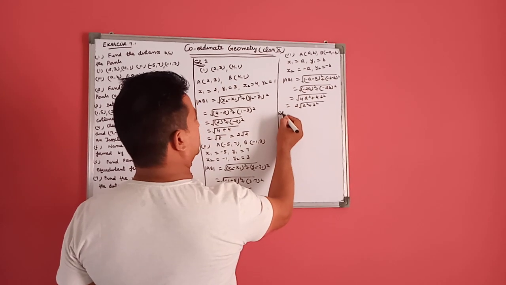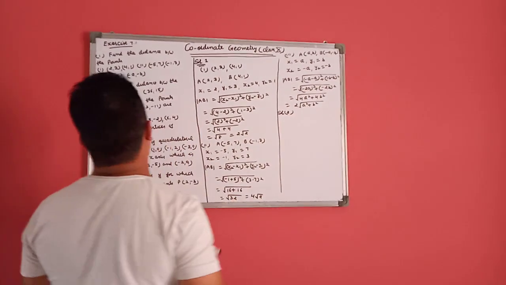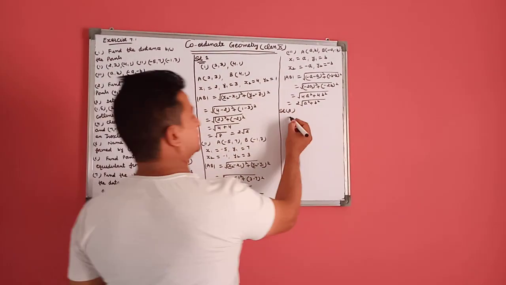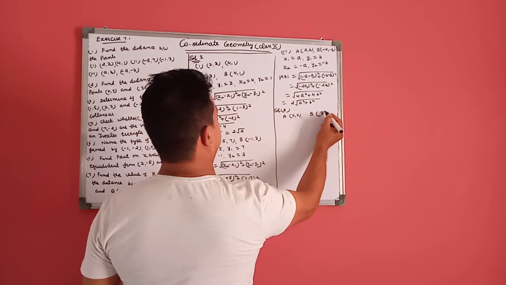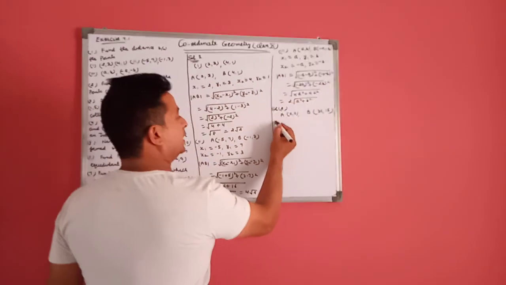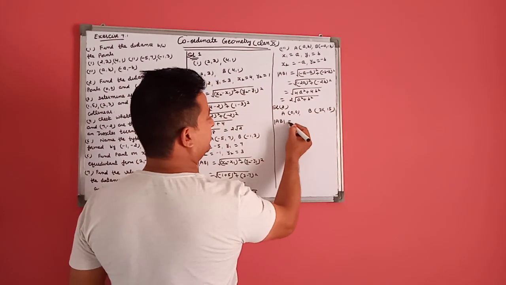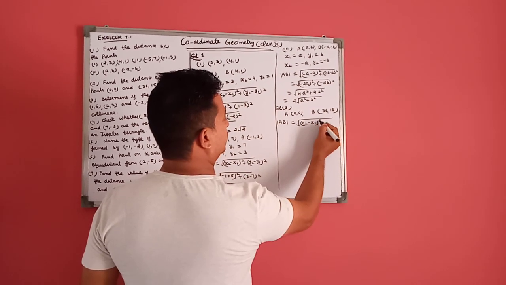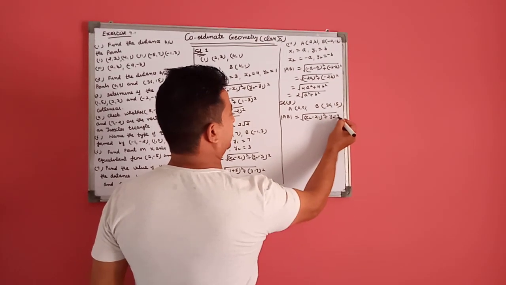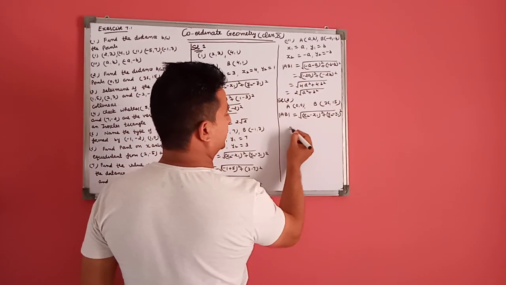In question number 2, find the distance between the 2 points. The first point is (0, 0) and the second point is (36, 15). As we know, distance AB is equal to the square root of (x2 minus x1) whole square plus (y2 minus y1) whole square.